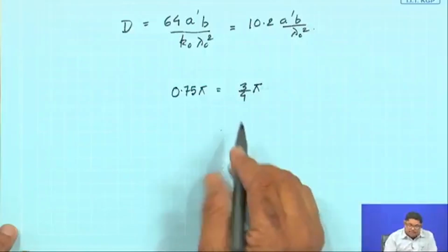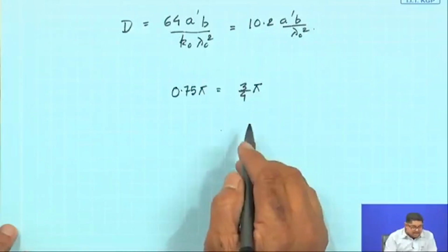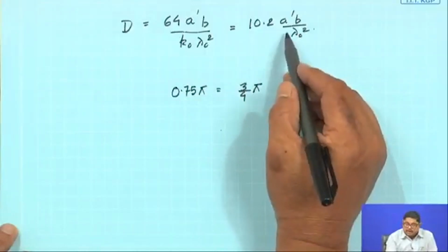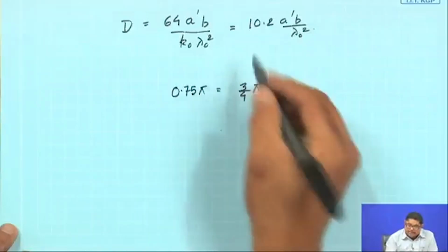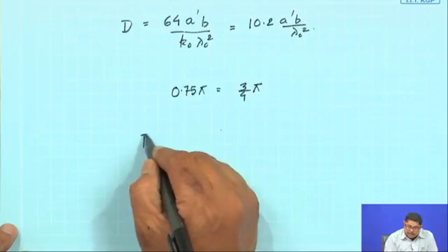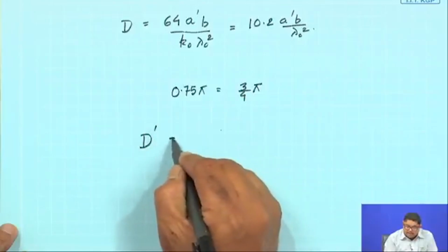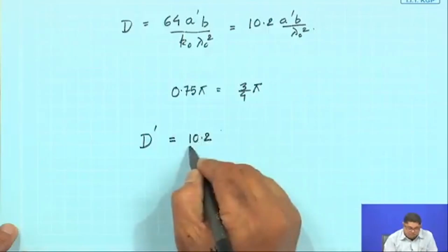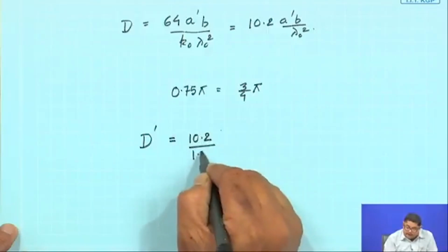So, the gain from the formula will now be reduced. I can say that the new gain for the H plane horn will be 10.2 divided by 1.3.